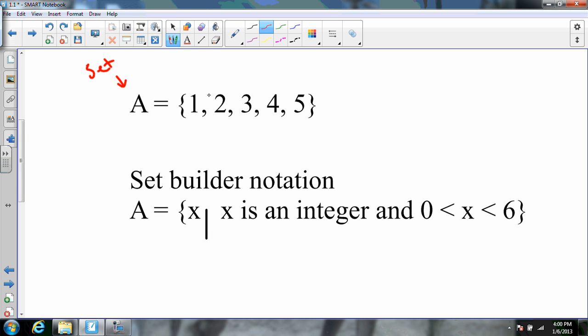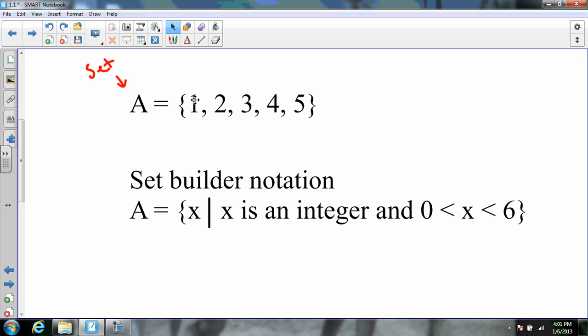Instead of listing out 1, 2, 3, 4, 5 every time, we can use what's called set builder notation, where A contains X, where X is an integer, where 0 is less than X, which is less than 6. Does that make sense?